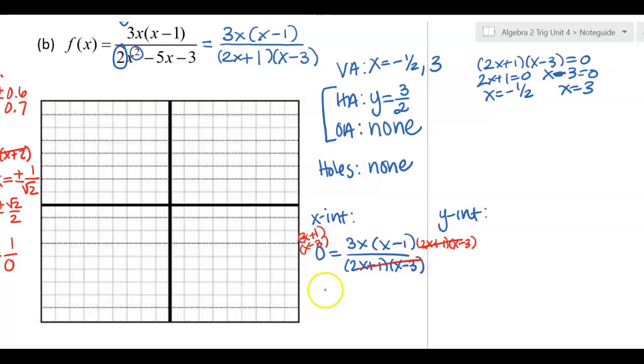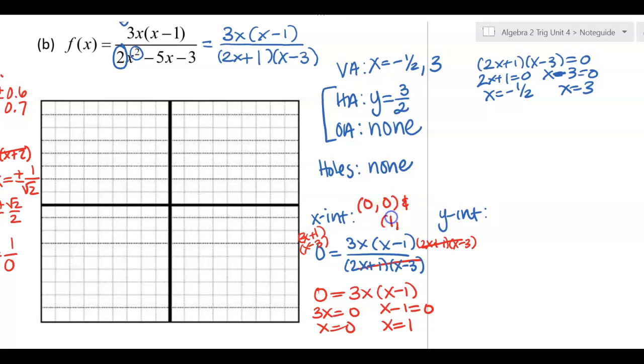And on the left side, we're always multiplying them times 0, so we're getting 0 equals this numerator. And here that gives us 2 different x values for x-intercepts. We get x equals 0 and x equals 1. So one x-intercept is at 0, 0, and another x-intercept is at 1, 0.